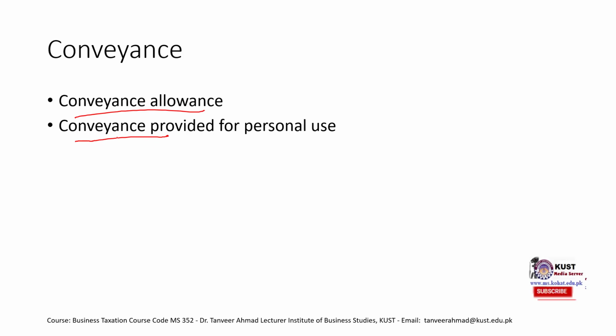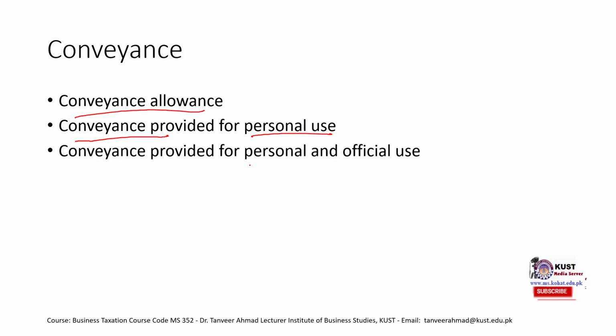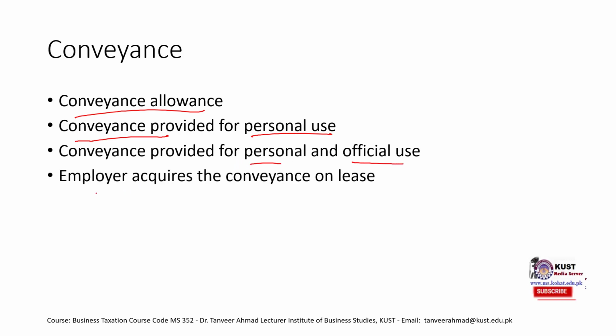If conveyance facility is provided by the employer, it can either be only for personal use, or it can be for personal and official use, or the employer can acquire the conveyance or the car on lease. So we have four different aspects within conveyance, and we are going to look at each of these aspects in coming slides.